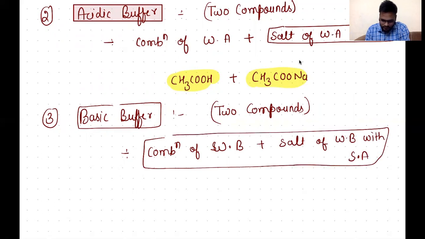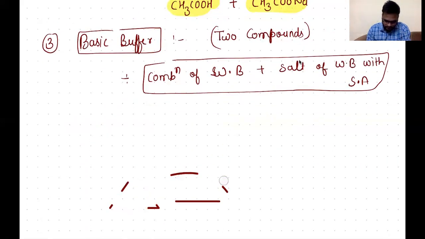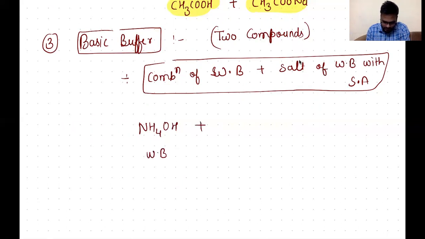Okay, for example, NH4OH, weak base. Any salt of NH4OH with strong acid, NH4Cl. Any other salt, ammonium sulfate. Okay, ammonium chloride, ammonium sulfate, ammonium bromide. The salt should be with strong acid. So this combination will act as basic buffer.